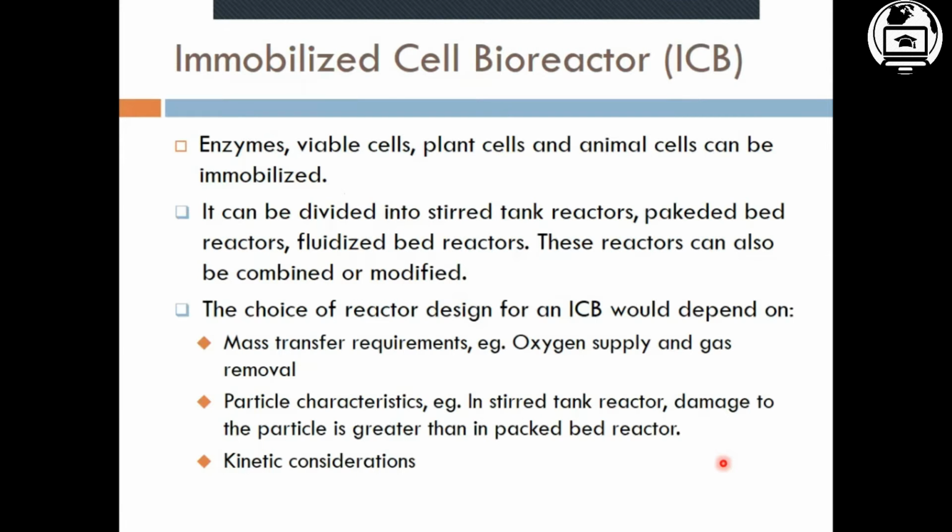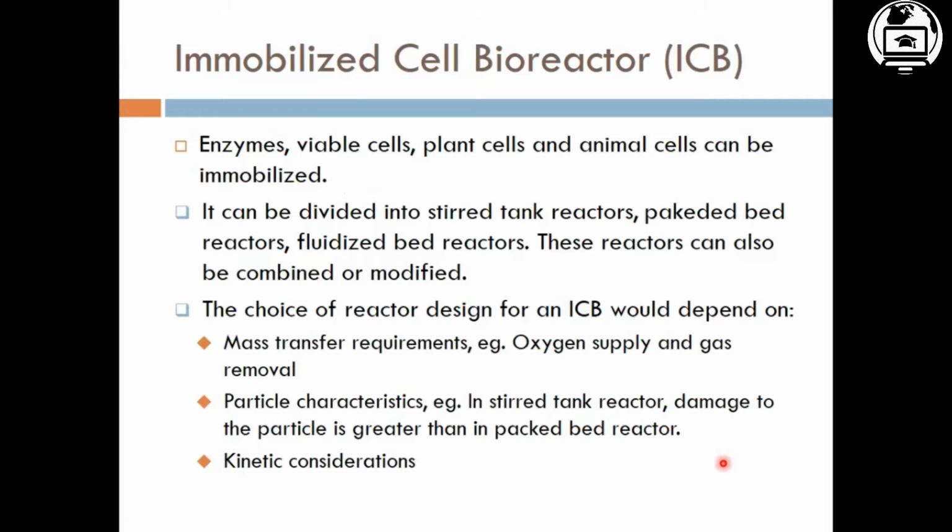So talking about immobilized cell bioreactor, as its name shows, there are live cells, or their enzymes, that are immobilized on the surface of different particles, or they just adhere to some surfaces. So enzymes, viable cells, plant and animal cells can be immobilized, and it can be divided into stirred tank reactors, packed bed reactors, and fluidized bed reactors.